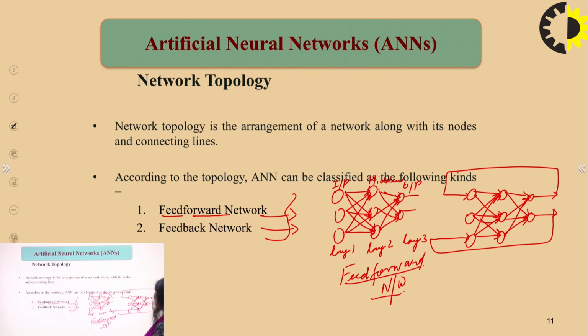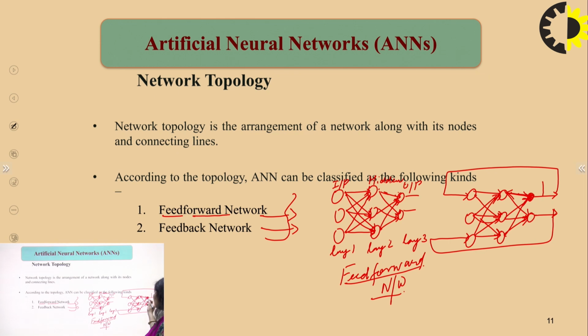In another variation, we can make the individual connections, or these individual communication paths, bi-directional edges or arrows. In that way, whenever this neuron generates certain output, that output is again fed to the previous layer neuron from which it directly received the input.